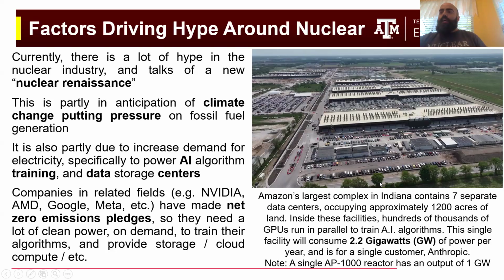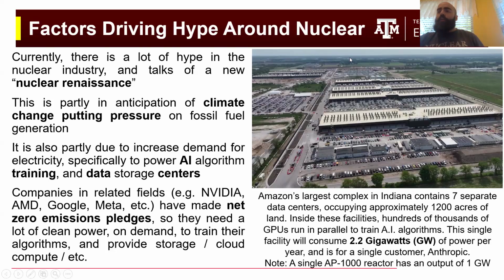This entire facility is mostly being used for AI training and cloud compute, and it is using 2.2 gigawatts of power per year. Amazon is partnered with one of the AI companies called Anthropic, which runs the Claude AI.